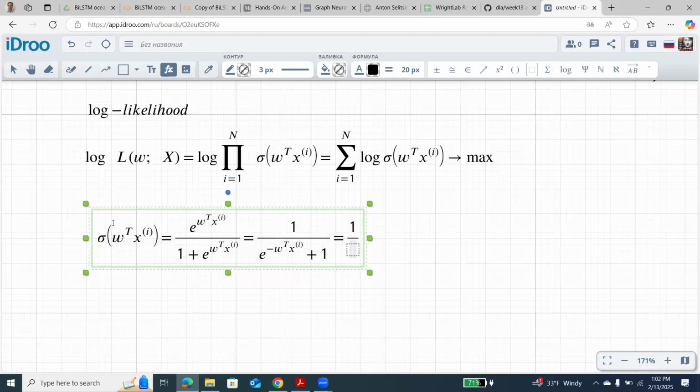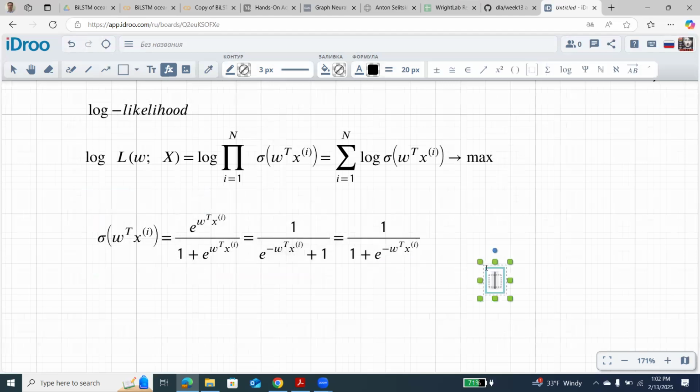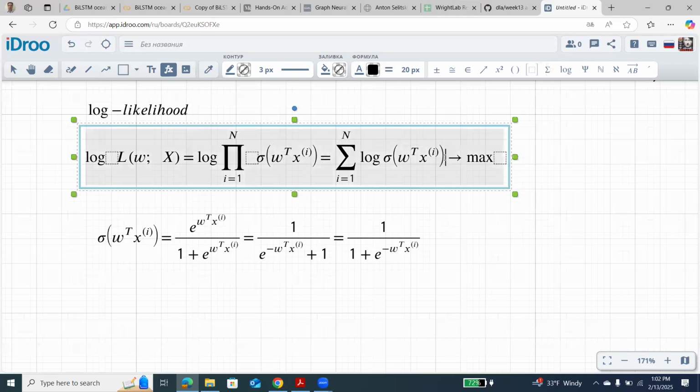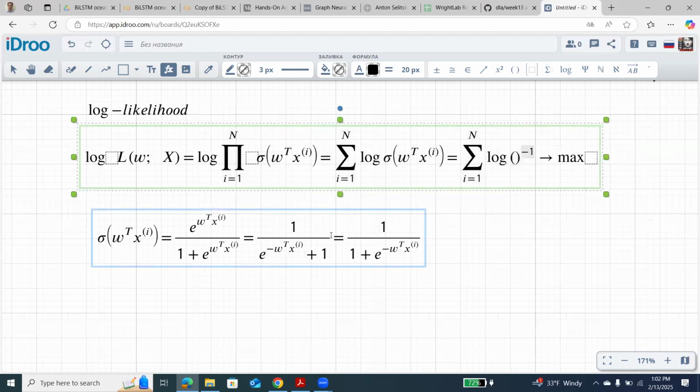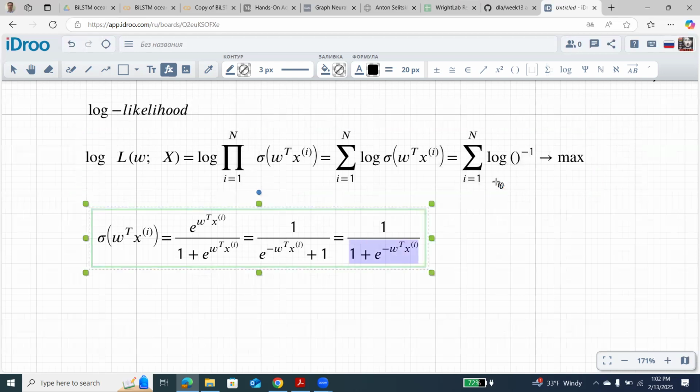But typically we switch the order of these terms. Okay. So now let's substitute the sigmoid function in our logarithm. So instead of sigmoid function, I will use 1 plus this e.